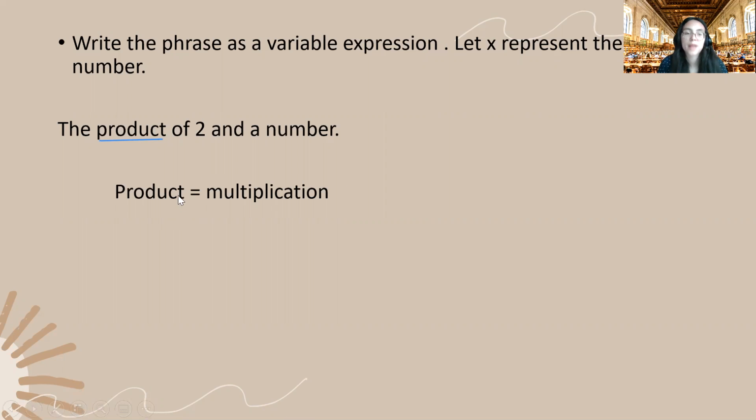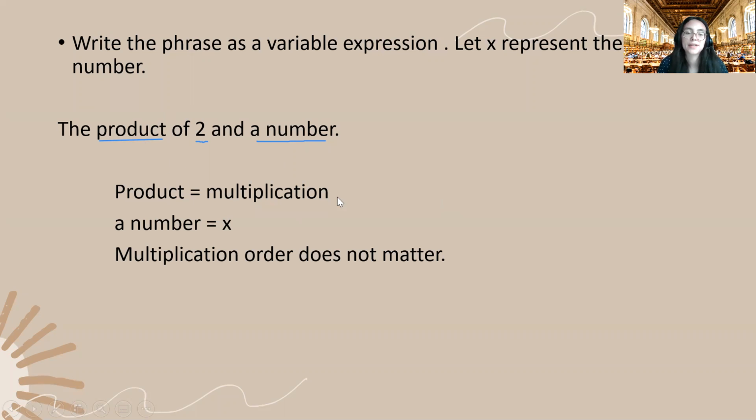So what are we multiplying? We are multiplying 2 and a number. So what are we going to represent a number by? Our problem told us that a number is going to equal x. And does order matter in multiplication? Order does not matter. So we can write 2 times x or x times 2. Okay?